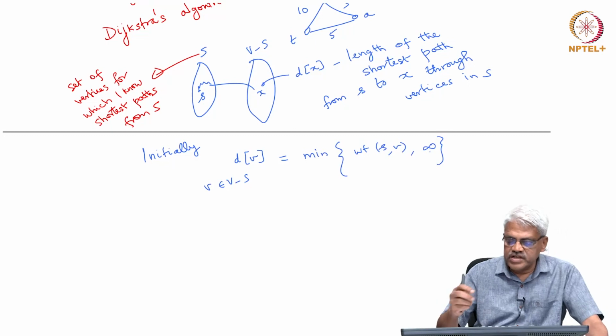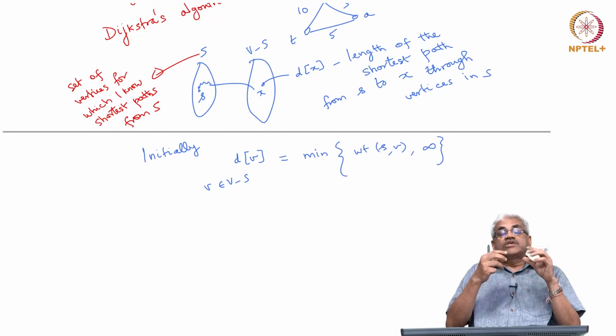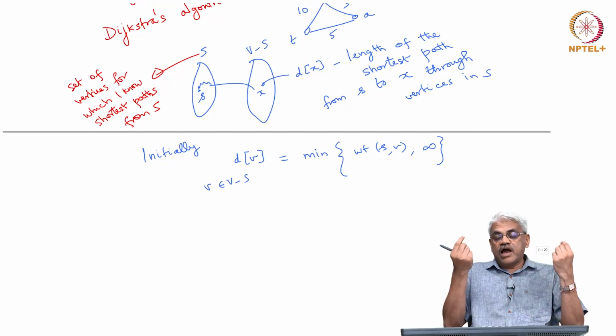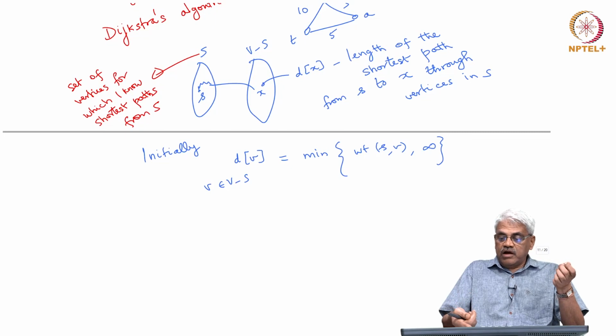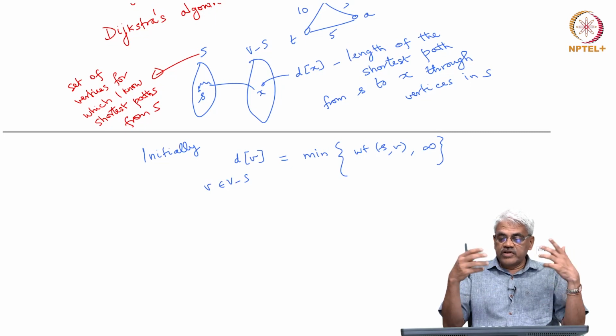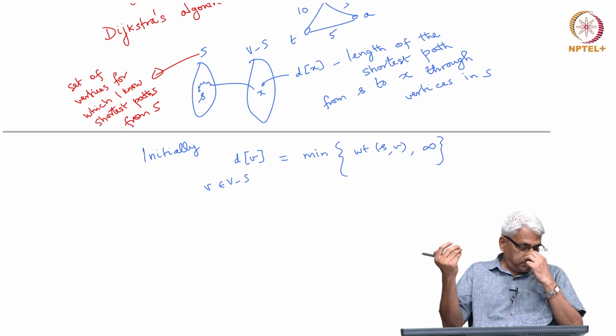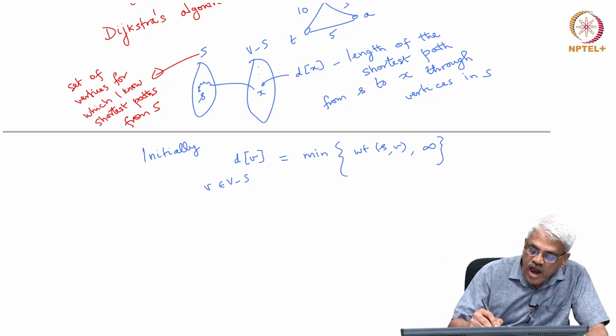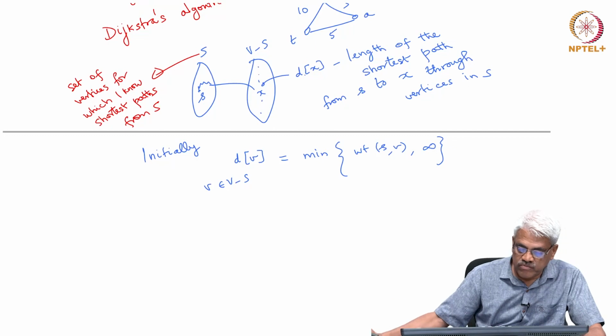Because capital S only has small s and I am allowing paths only through vertices in capital S, if there is a direct edge, I will use the weight of that edge in d of v. If there is no edge, I will put infinity. Okay, so every vertex here has a distance stored.